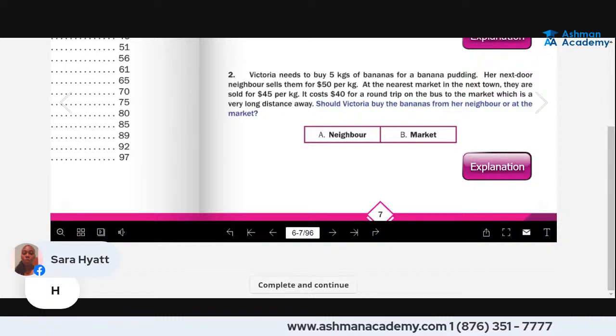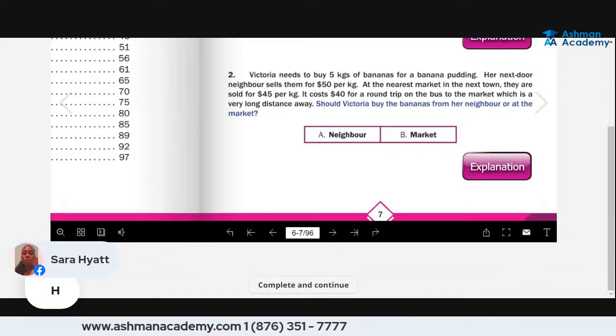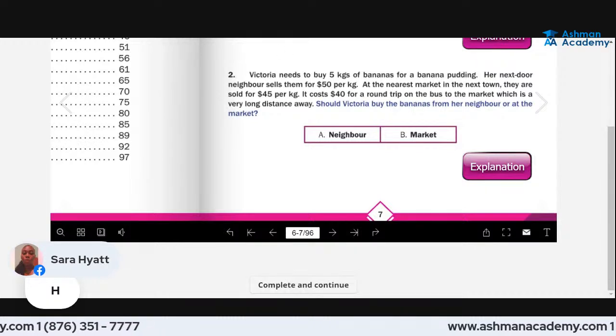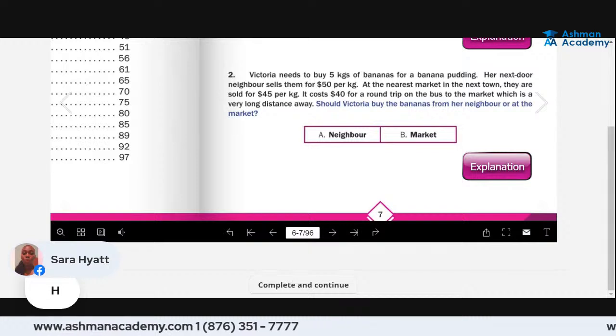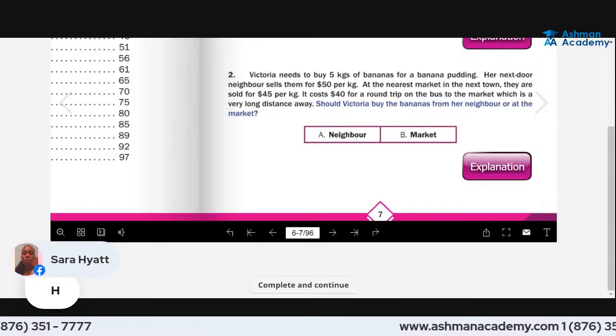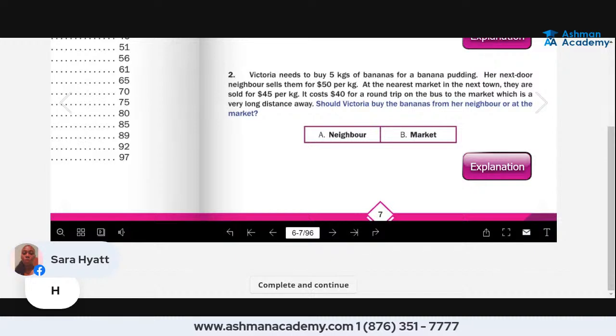All right, so let's go. The question says, she needs to buy 5 kilograms of banana for a banana pudding. Her next door neighbor sells them for $50 per kilogram. At the nearest market in the next town, they're sold for $45 per kilogram. And it costs $40 for a round trip on the bus to the market, which is a very long distance away.